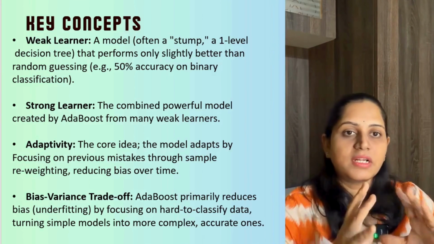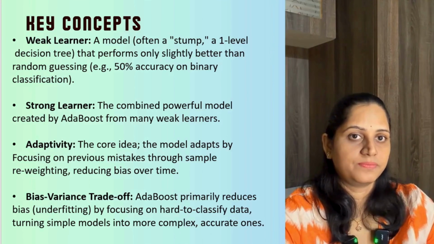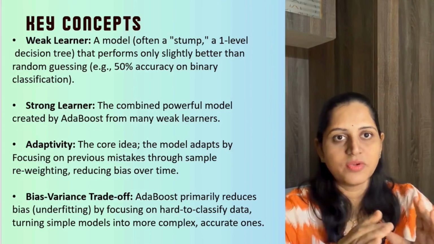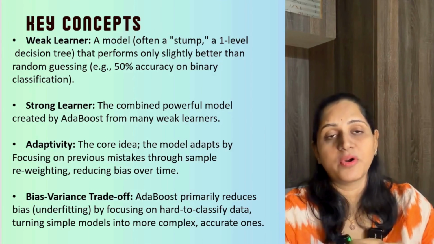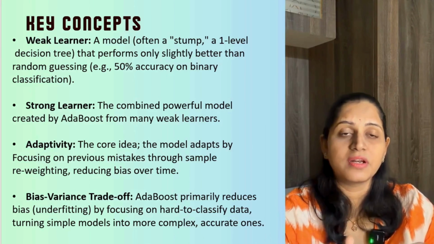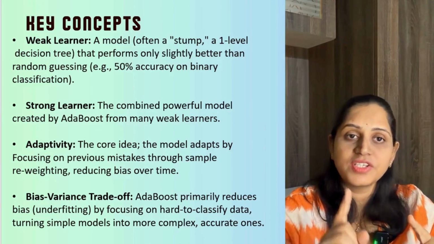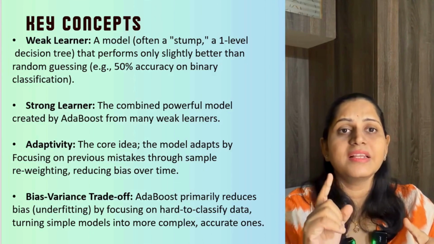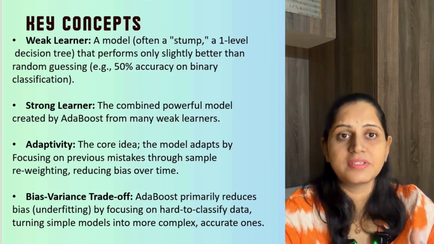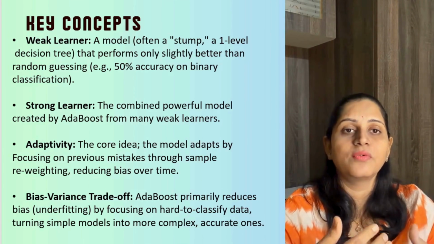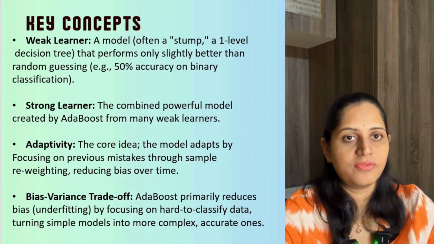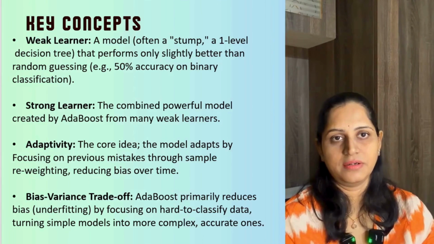Then what are the key concepts we understood until now? The first point is that we have to take one weak learner. Here we are not taking multiple algorithms. The weak learner is a decision tree, and we change the samples at each stage and make that set of data learn the pattern.